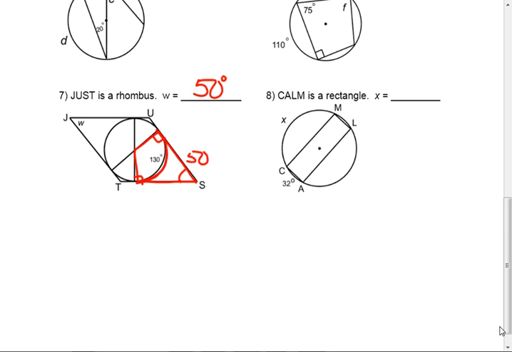Well, these are parallel. So this is 32. Can't do 180. It's 148. I want to say these two are congruent. And they are, because they're parallel. Okay. Or are they? If I can do that, it's easy.